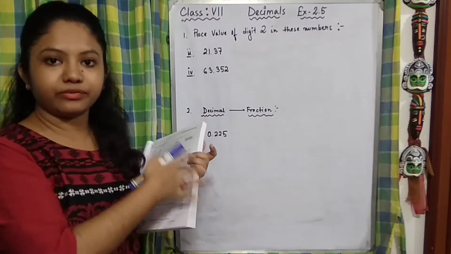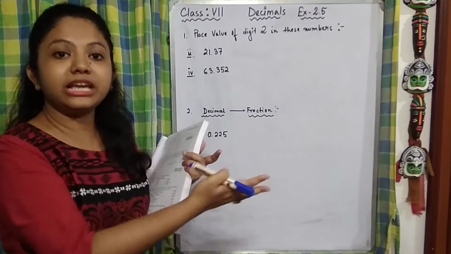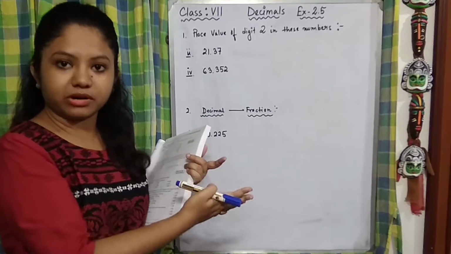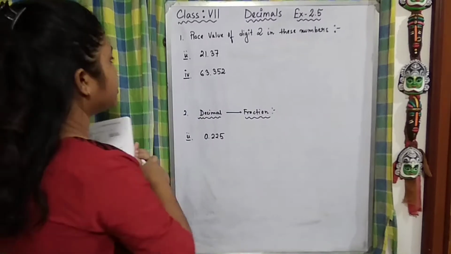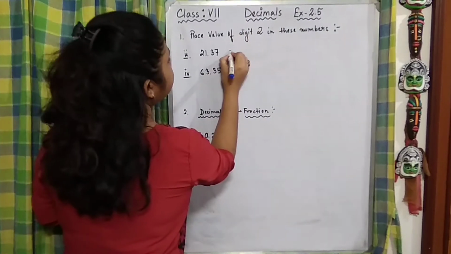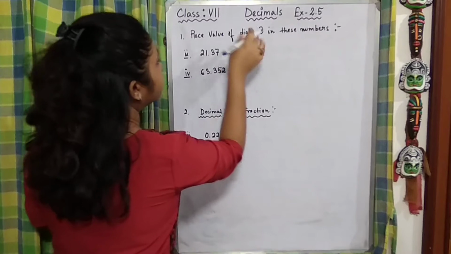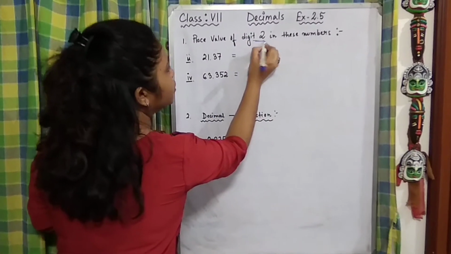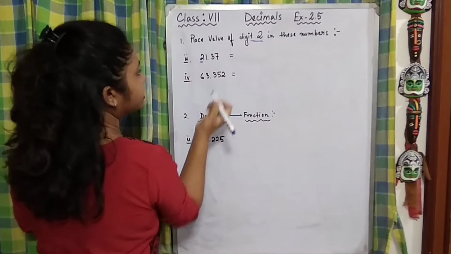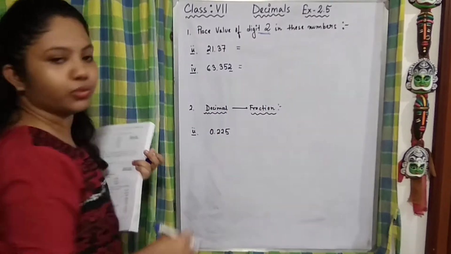Just now we have understood how the place values of decimal numbers work. So here we just have to find the place value of digit 2. Here is the digit 2 and here is the digit 2.